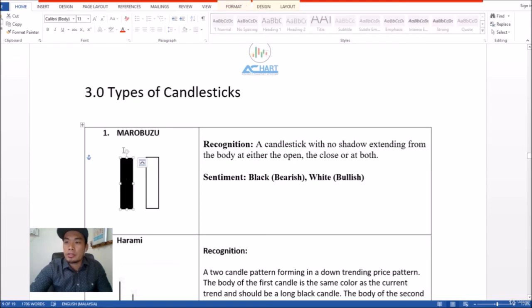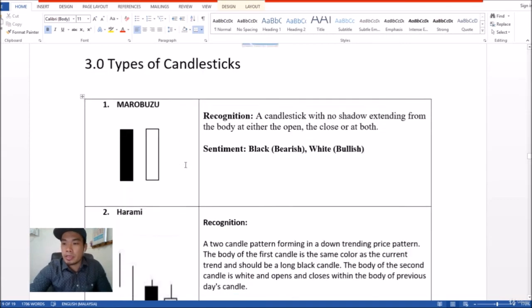There are no wicks up or down, and the sentiment for black candles is bearish and for white candles is bullish, but it depends on the position in the market. In the Marubozu secret, you will discover a secret on Marubozu positioning in a trend, and it is pretty reliable to use in analyzing your trading.